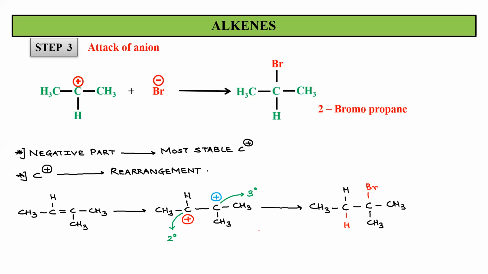But how did you add? If it was a symmetrical alkene, there was no problem, add in any way, it doesn't make any difference. But if it is an unsymmetrical alkene, you found out which is the most stable carbocation.